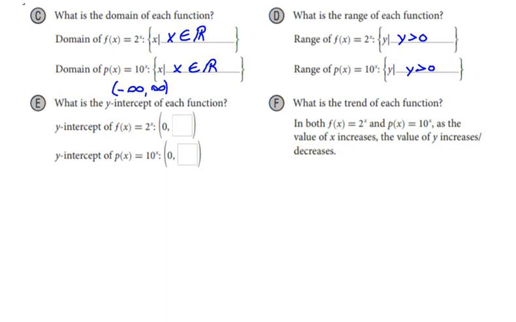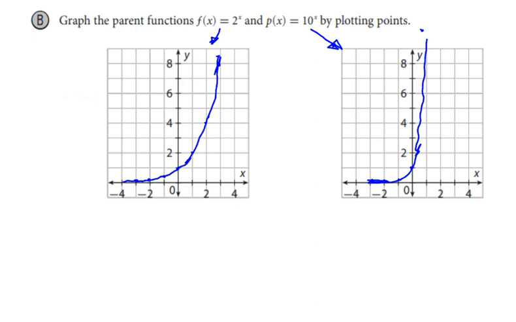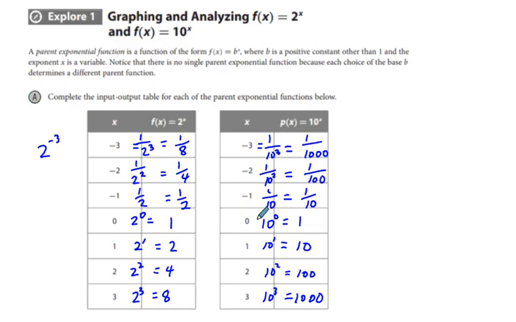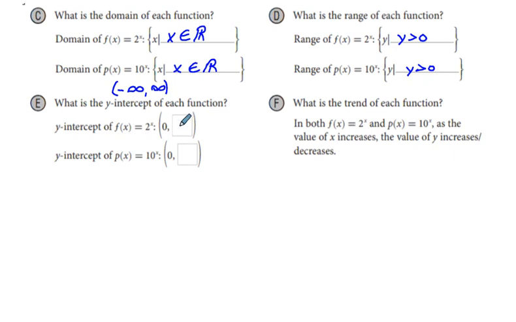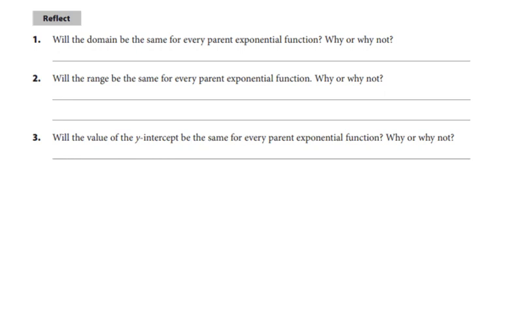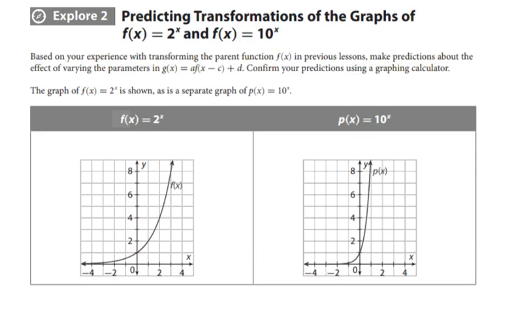Now we can tell that if we go back to our table. Okay, we can see our y-intercept where x equals 0 is 1 in each case. So 0, 1, 0, 1. And then it talks about the trend of each function.